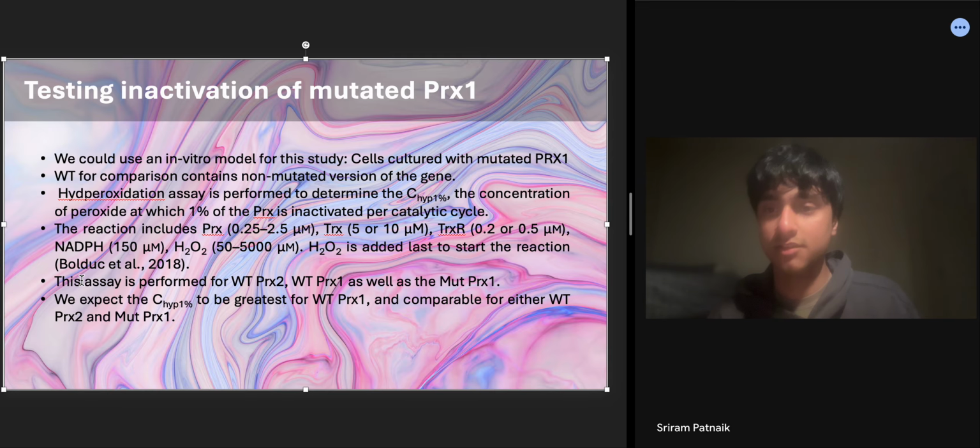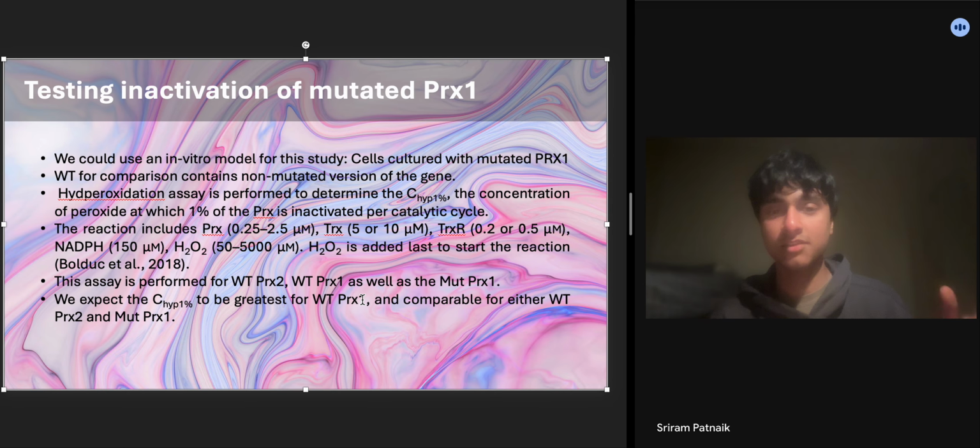So this assay is performed for the wild type PRX2, the wild type PRX1, as well as the mutant PRX1, because we're comparing the activity of PRX2 to PRX1, but we also want to see how the mutated version of PRX1 fares against either of them.